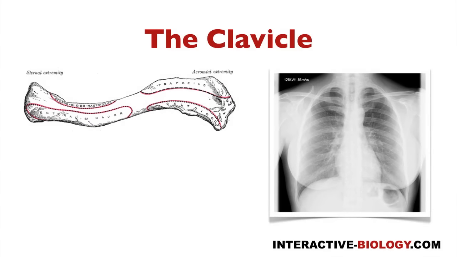So here I'm looking at the clavicle, and we spoke a little bit about the clavicle in the previous video, and I want to point out a few features of the clavicle. First of all, over here we have the acromial end of the clavicle. So this is where it articulates with the acromion process of the scapula, that acromioclavicular joint that we spoke about in the last video.